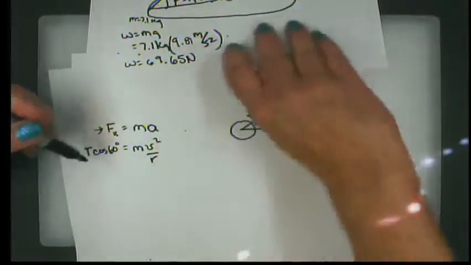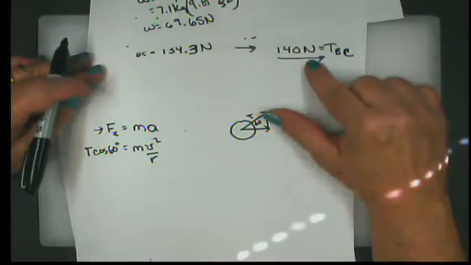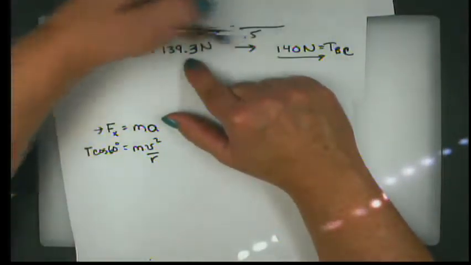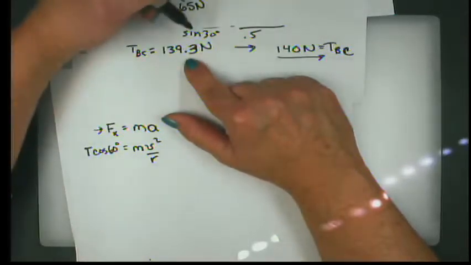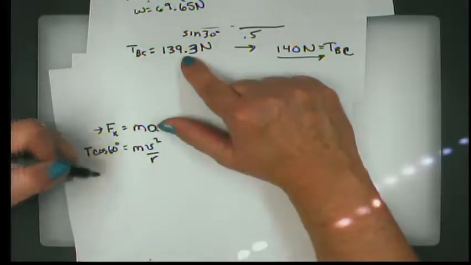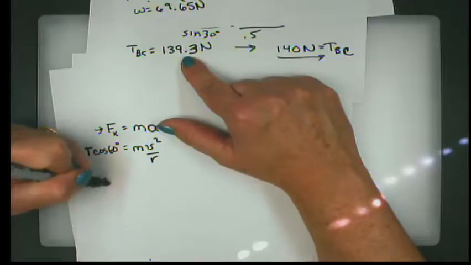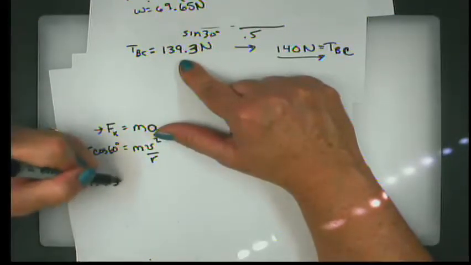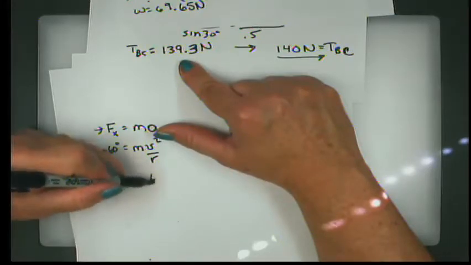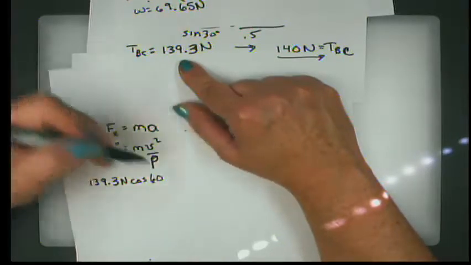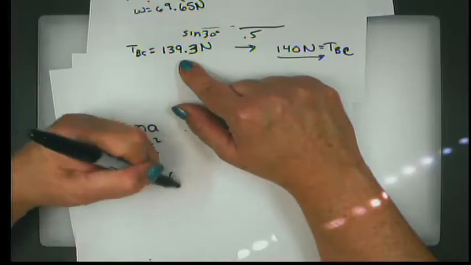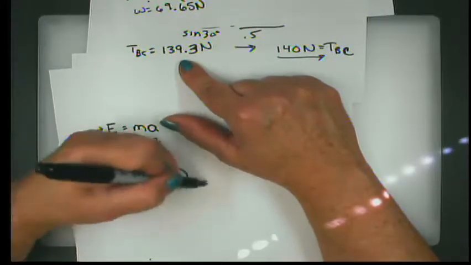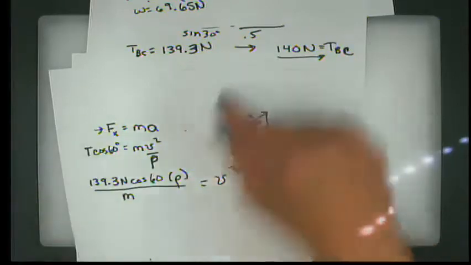All right, so we discovered that the tension, I'm going to go back and just use 130. See, I'm still stuck on 130. This would be 139, 140. Yeah, that's okay. I'm going to use 139.3 right here, just to not lose anything due to rounding, times the cosine of 60, times rho, divided by mass is going to equal the velocity squared of that hammer.